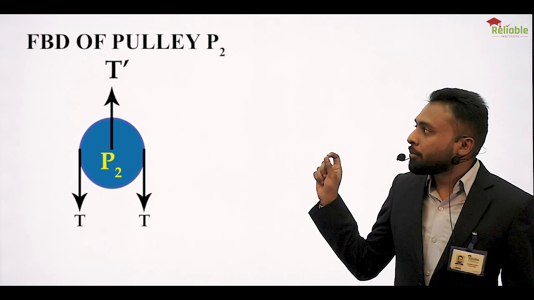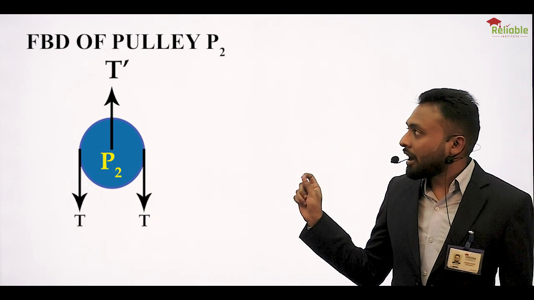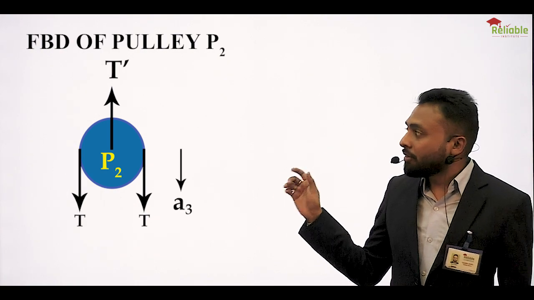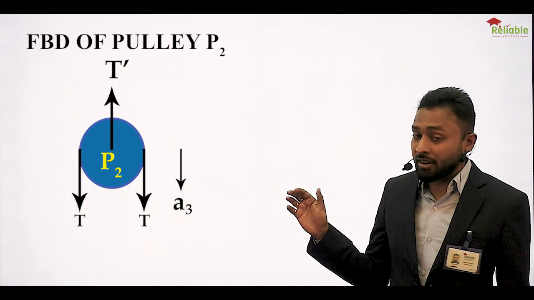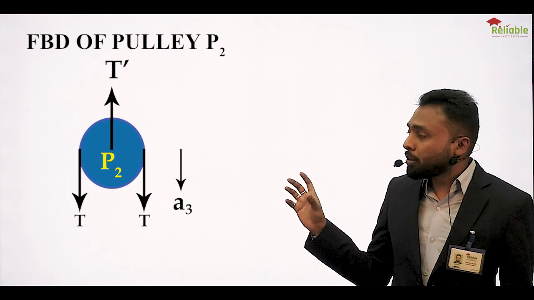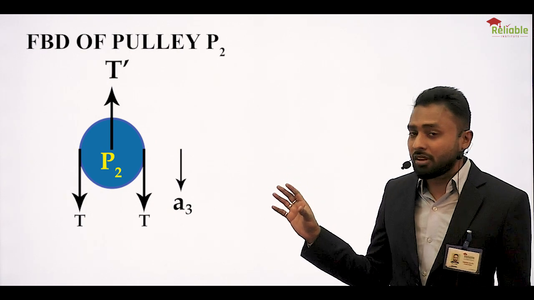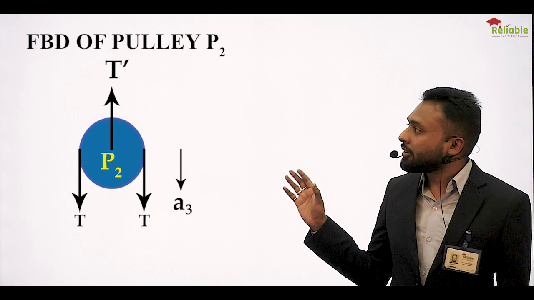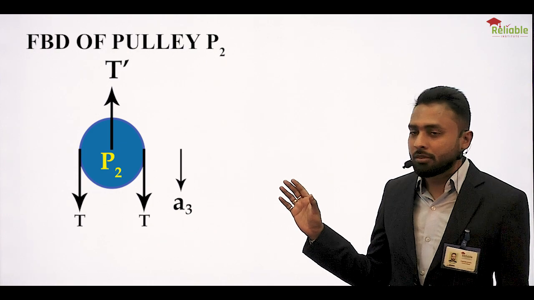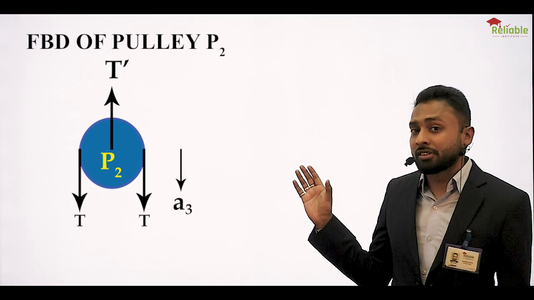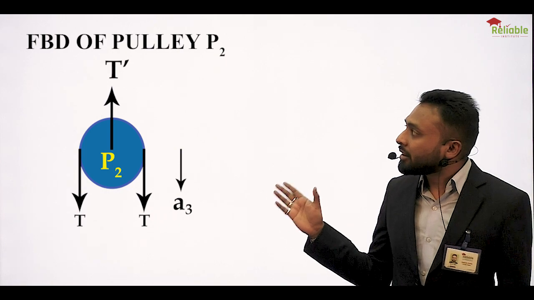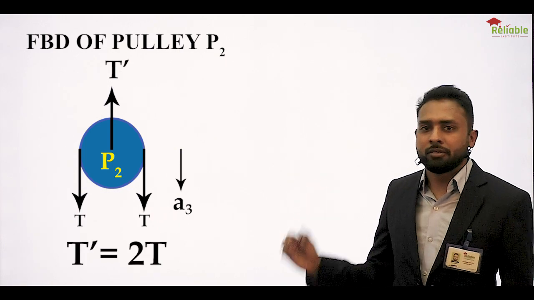This pulley will also be accelerated; I have shown it here as a3. We will further prove why we have taken it as a3. This pulley is massless, as per our assumption that it is an ideal pulley, so the net force on this pulley must be 0. By applying Newton's second law, we can say that T dash equals 2T.